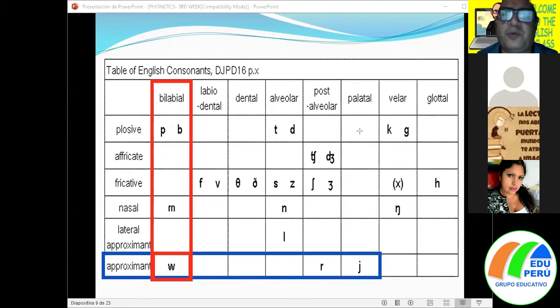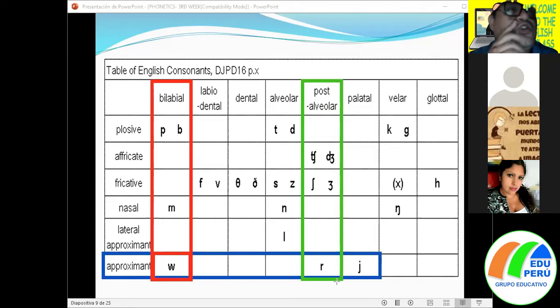The other one is the post-alveolar. That is the sound r. This sound is very interesting because you need to curl your tongue just a little bit. The front part of your tongue, you have to curl it backward, and press the sides of your tongue against the sides of your teeth.